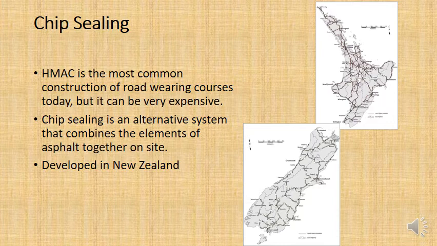It's very common in South America, Africa. A lot of places in Europe are using chip sealing now, North America as well. But I think Kurdistan really needs to introduce this because Kurdistan doesn't have that much money and they also have a lot of roads that need to be built.